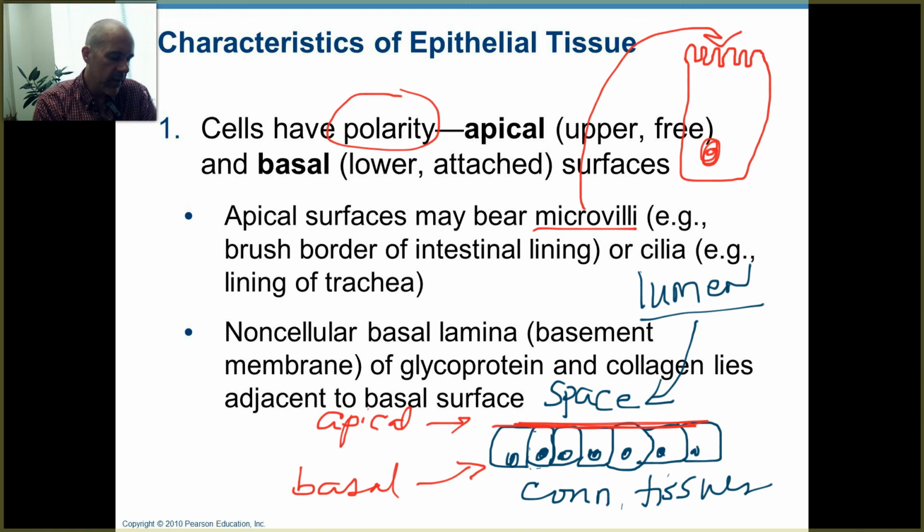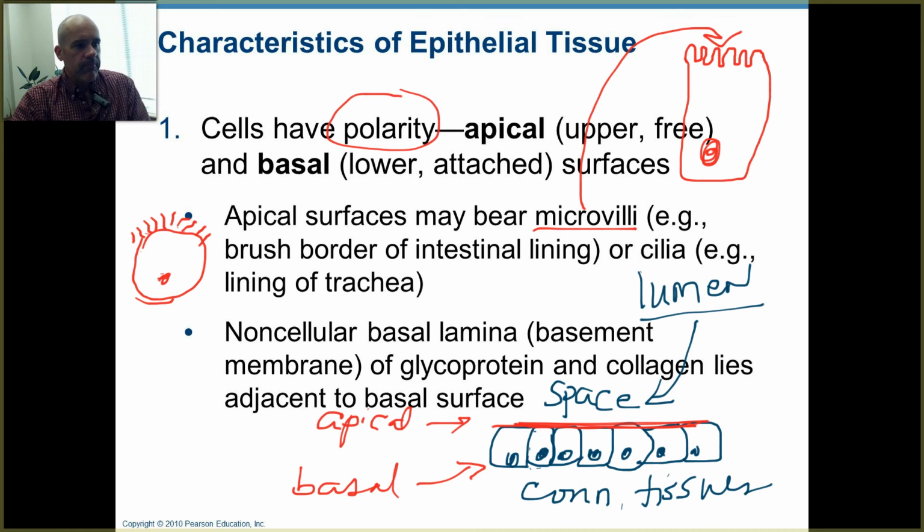Some types of cells in the body have tiny protein-based hairs on the surface called cilia, if you remember those from chapter 3. What those do is whip back and forth and help move substances along the surface. You have those on the epithelial tissues that line the inside of your trachea.